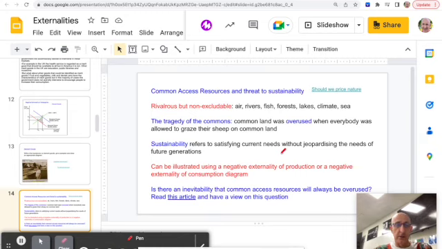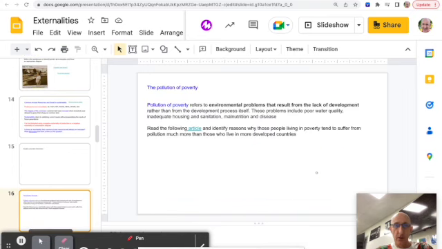And we are then jeopardizing future generations' ability to use and have these products as a consequence. Now, this diagram is not set in stone. You can use either the negative externality of consumption diagram that we've just seen, or one that we're about to see, which is the negative externality of production diagram. Either one would be fine to illustrate the common access resource problem.